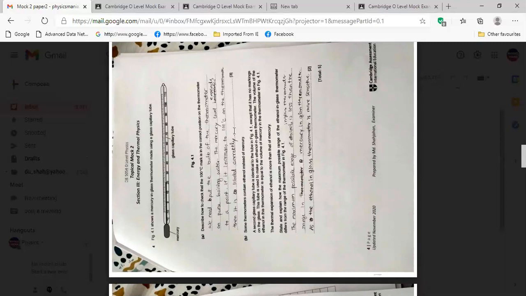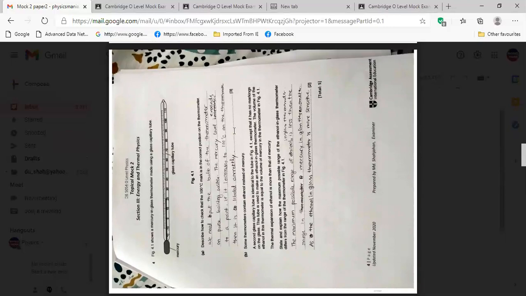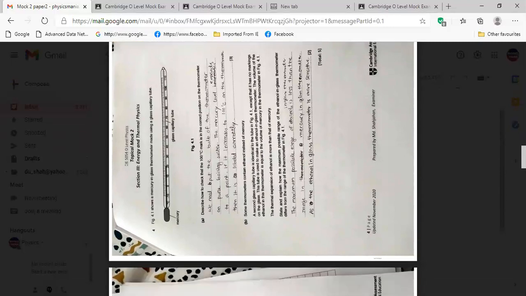Okay, sir. Now here we have: describe how to get the 100 centimeter in the correct position on the thermometer. Just put it in the boiling water, right? Pure boiling water. Yes, sir. Sir, they gave 3 marks for this question.